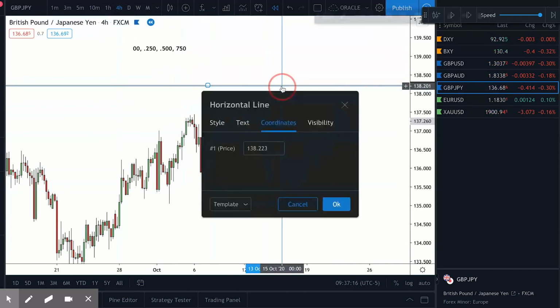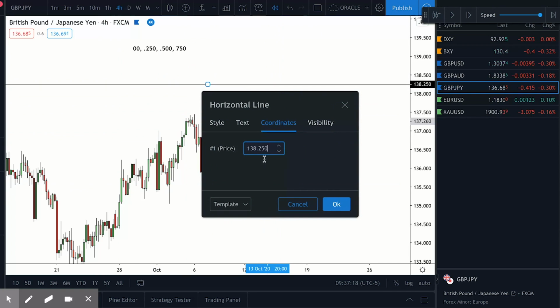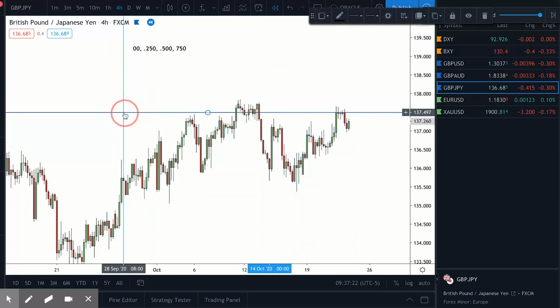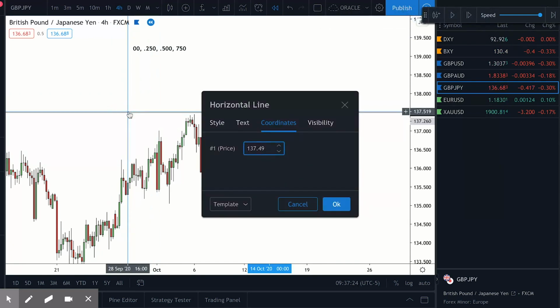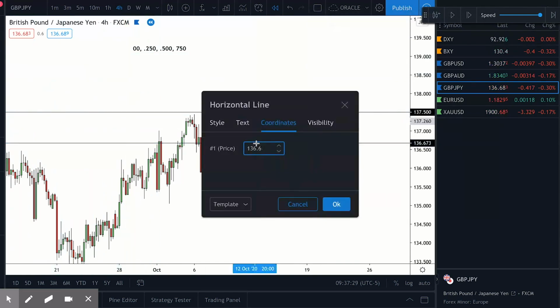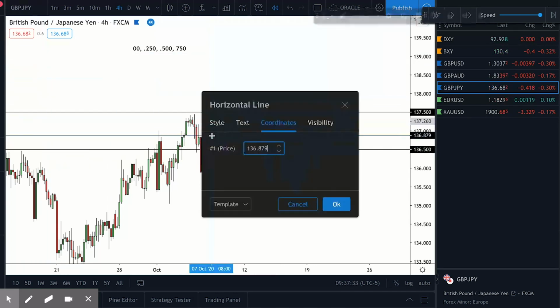For these charts, the only levels I'm interested in are the zeros, the 250s, the 500s, and the 750s. So let's go ahead and plot some of these on, and I'll show you them in action in the market. So let's look at 136.50, 136.750.